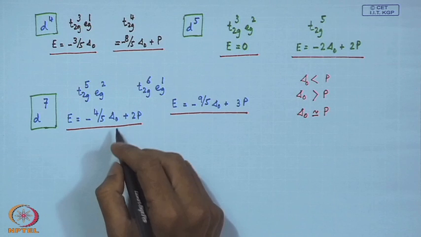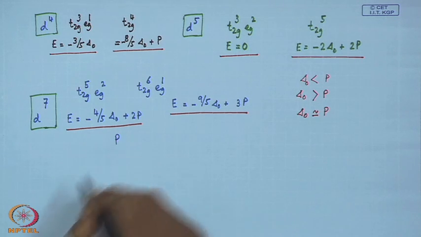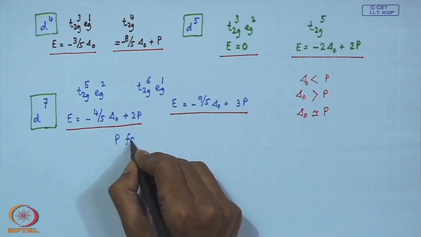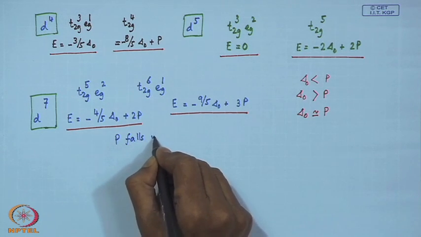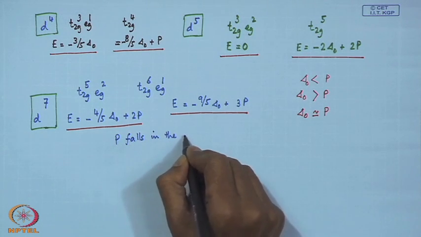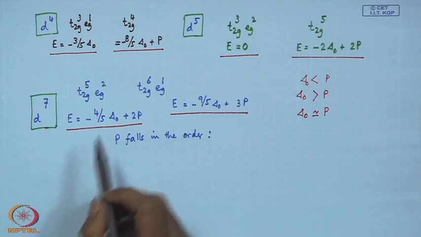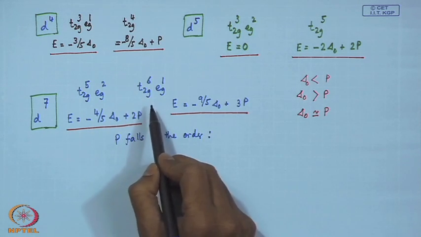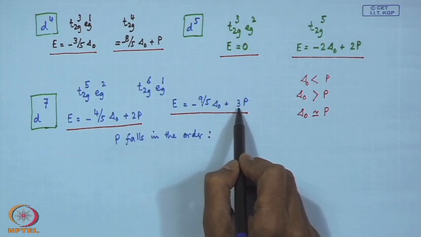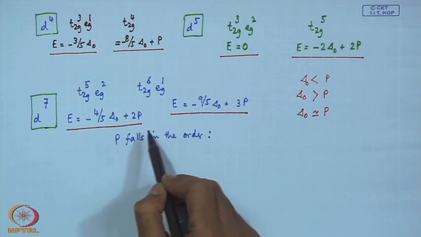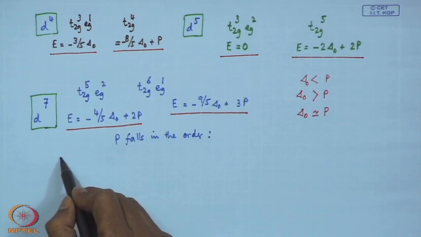But what about the nature of this P for the different compounds? This P value basically falls in an order. P is nothing but the pairing energy, when we have a large number of electrons, like 3 such pairings and 2 such pairings, and one orbital is shared by 2 electrons.